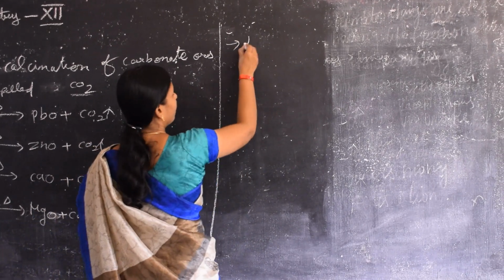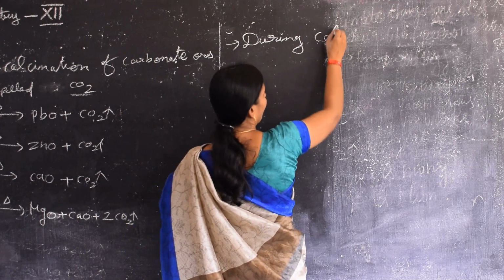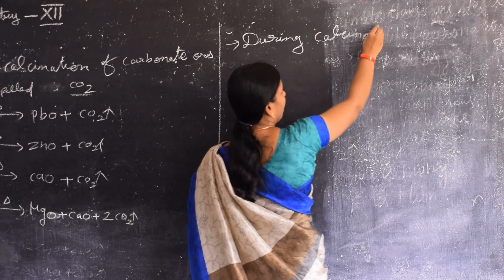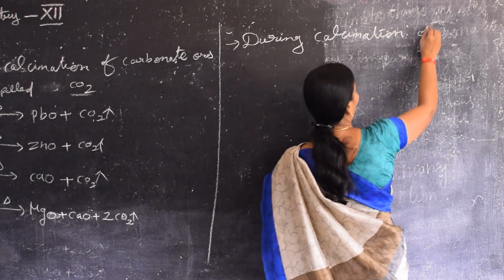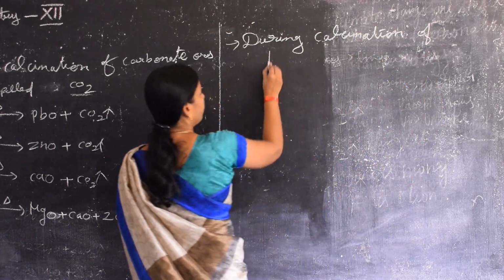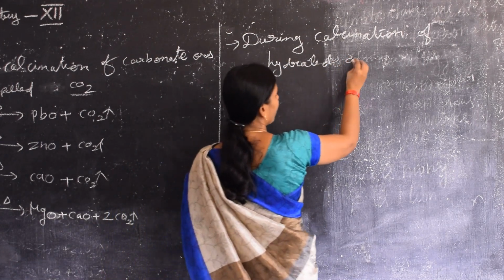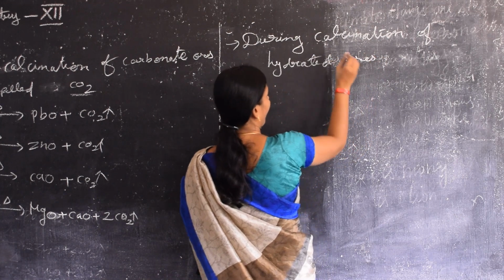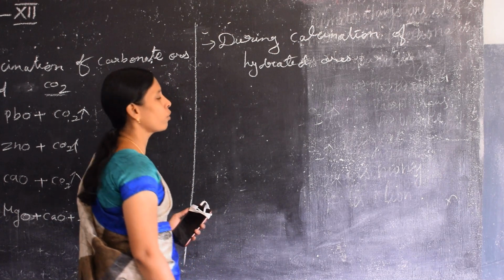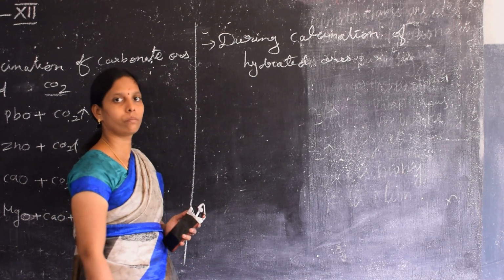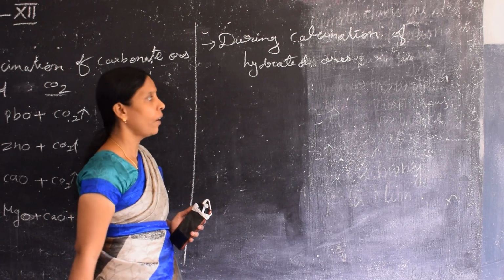During calcination of hydrated ores, ores எடுத்தோம்னா நமக்கு என்ன ஆகும்னா water hydrates escaped as a vapor வெளியில போகும், சரியா? அந்த hydrates waters of hydrates molecules எப்படி வெளியில போகும்னா vapors வெளியில போகும்.